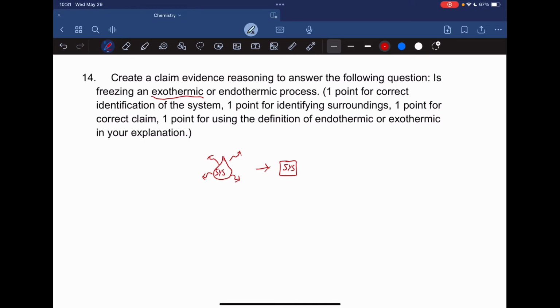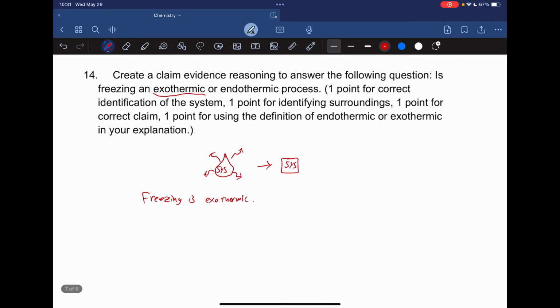So our claim is going to be that freezing is exothermic. And then we're going to say that the evidence portion is going to be this talk about systems and surroundings, or this talk of that the energy must have left it.